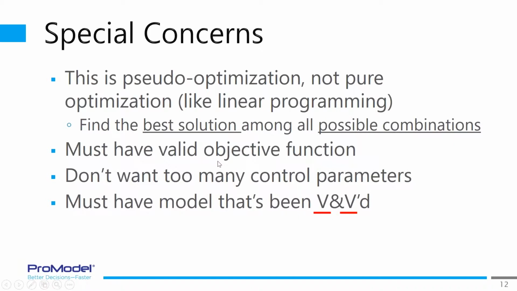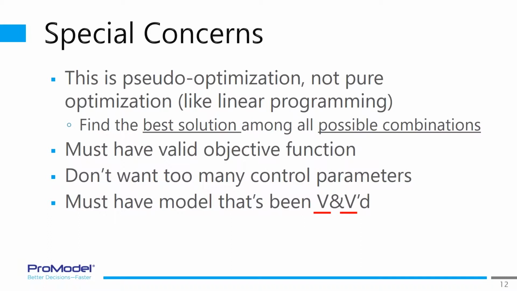To do that, we must have a valid objective function. We need to have control parameters that we want to change, but we've got to be careful not to have too many control parameters, only because what SimRunner does is it designs experiments including multiple replications, and runs as many as are necessary to try to converge to an optimal solution.